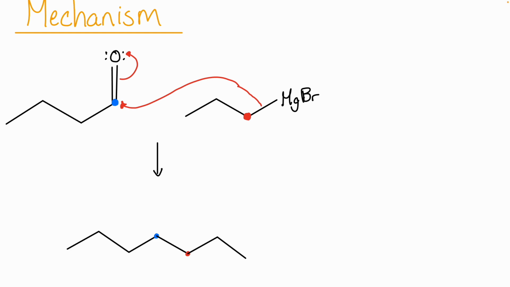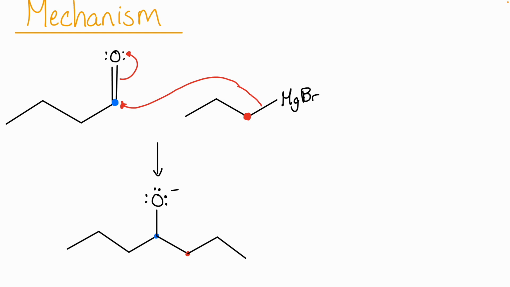But according to my mechanism, I'm not quite there yet, right? What does my oxygen look like in this intermediate? What's it missing? A negative charge. It accepted that pair of electrons, so now it has 3 lone pairs. So I have this alkoxide ion intermediate here, this oxygen with a negative charge.